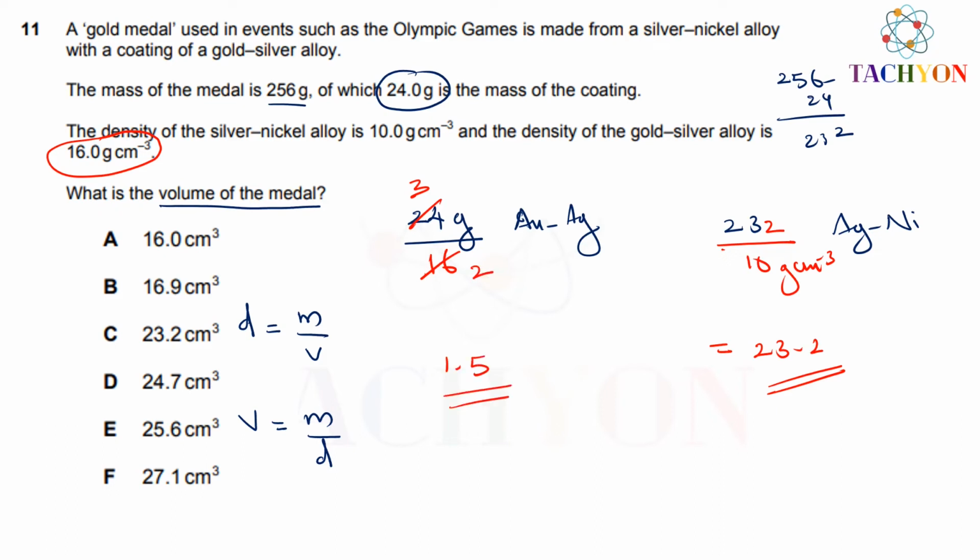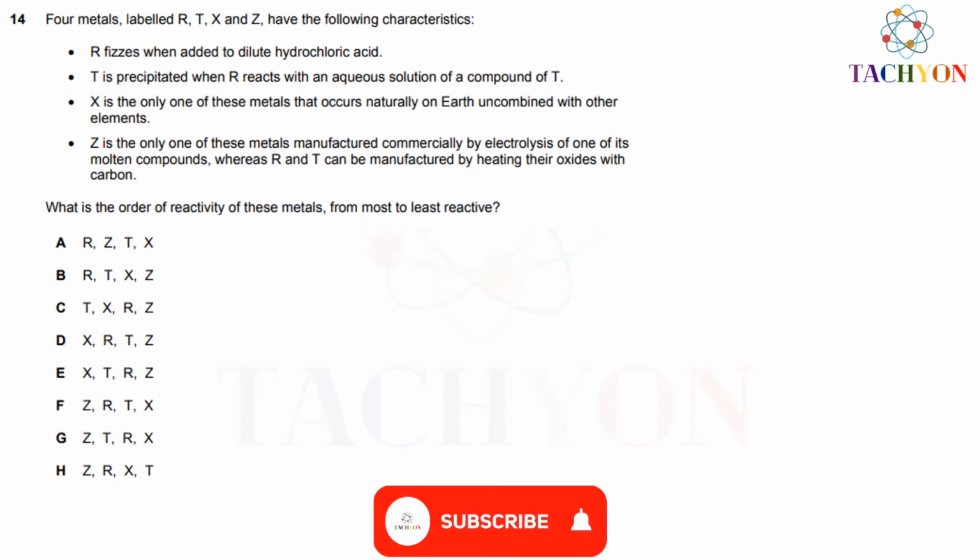If you are adding 1.5 plus 23.2, that is going to be 24.7 centimeter cube in terms of volume, because we are calculating the volume in centimeter cube.